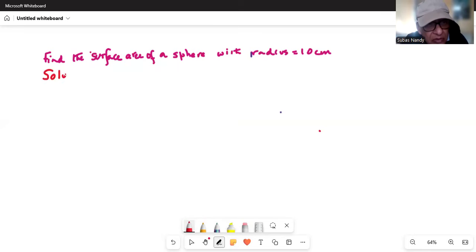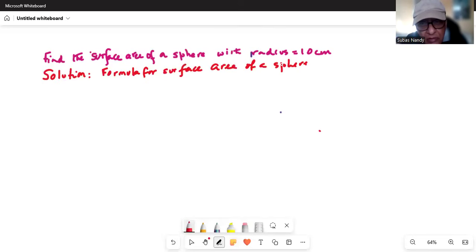Solution: the formula for surface area of a sphere is, if you call it A, some people call it S, doesn't matter, A is equal to 4 pi r square, where pi is the constant number 3.14.